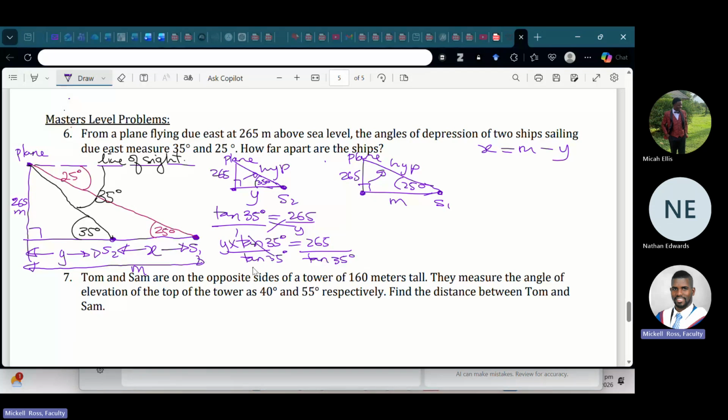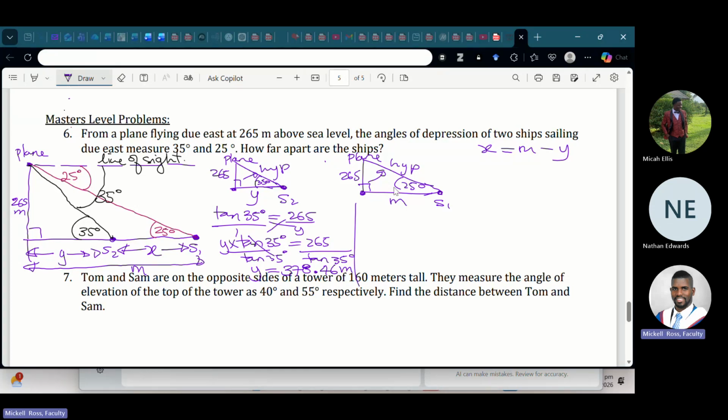So that means y is equal to approximately 265 divided by the tan of 35, which is going to give me 378.46. And that is in meters.